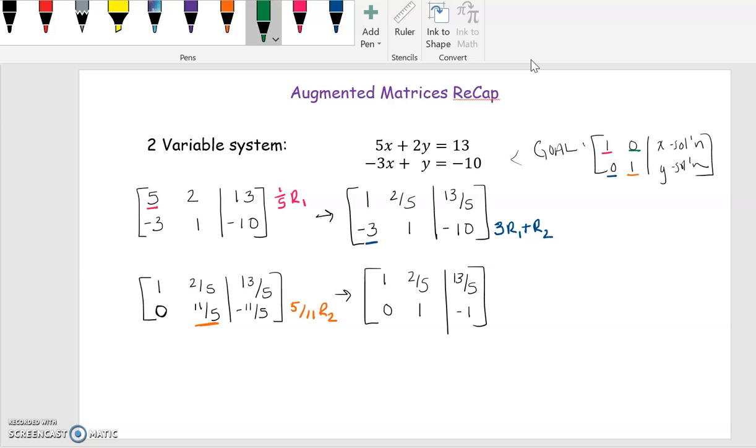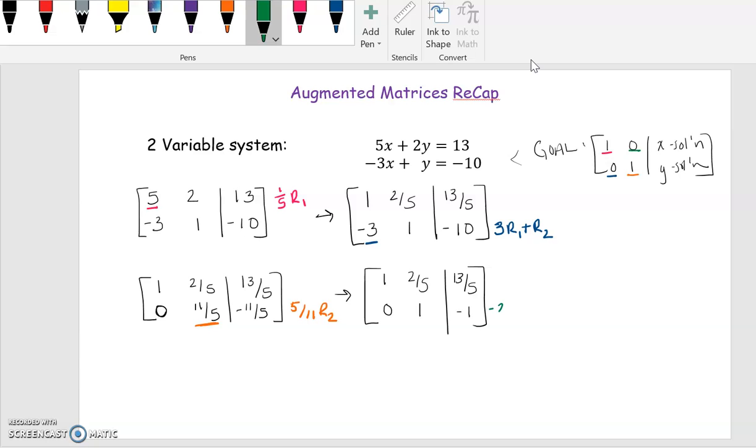So again, remember when I said we were trying to get a 0, we need to multiply a row by something, then add it to the row that we want the 0 to appear in. So what can I multiply 1 by in row 2 so that when I add it to 2/5, I get an answer of 0?